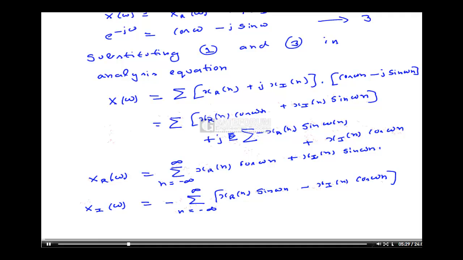Okay. So these are the two expressions for the real part and imaginary part of the Fourier transform.